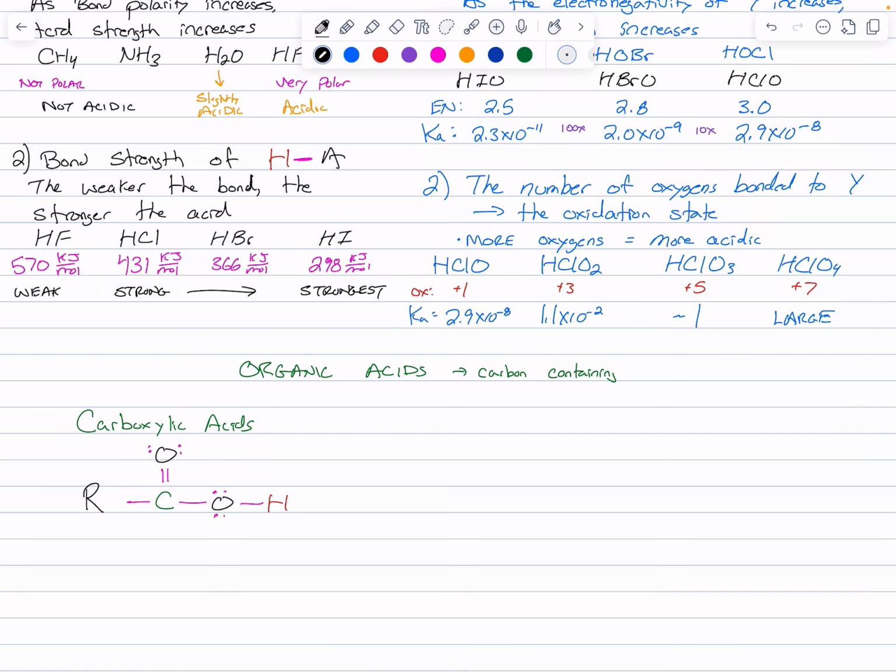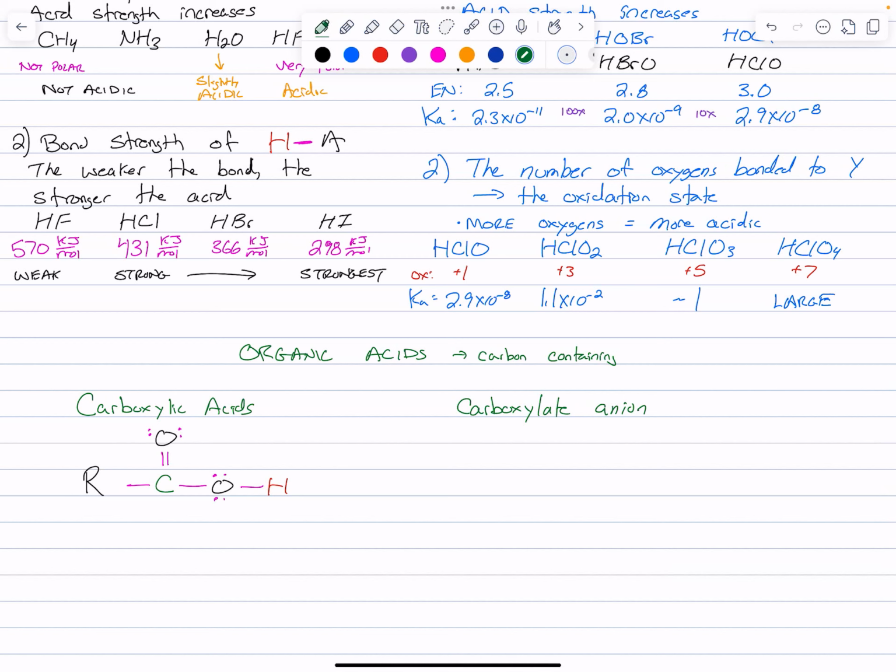And then you have the carboxylate anion. You still have carbon here, you still have your oxygens and R, but we just have a lone pair here, and it's minus.